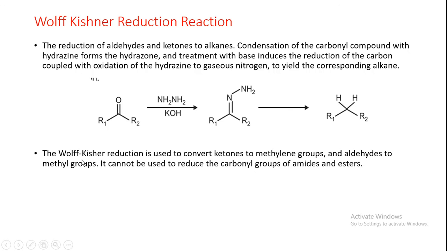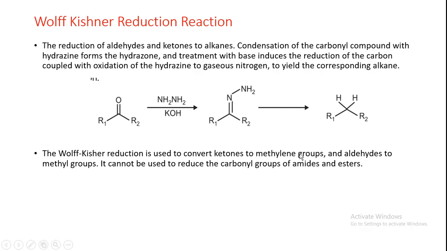The Wolff Kishner reduction is used to convert ketones to methylene group. So here also the same, this ketone or carbonyl group will convert to a methylene group, and aldehyde to methyl group. You remember, whenever there is an aldehyde, it will convert to a methyl group, and whenever there is a ketone as a starting material, it will convert to a methylene group.